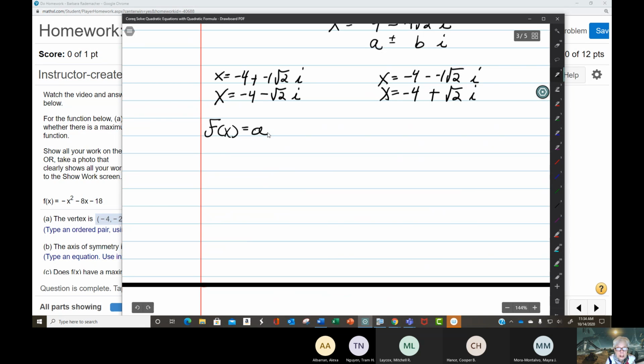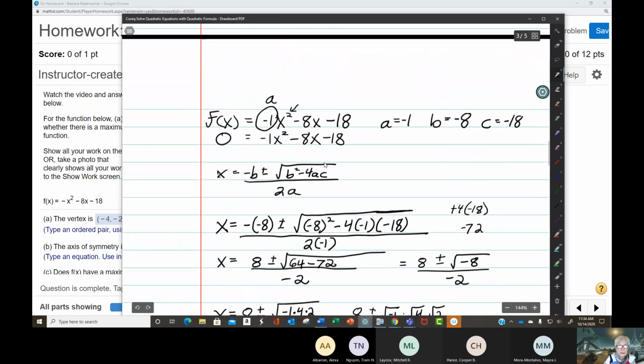Equals, well, let's write the formula. a times x minus z1 times x minus z2. I only have to go to z2 because there are only two zeros and because the degree of the polynomial is 2, which means there can be only two zeros.